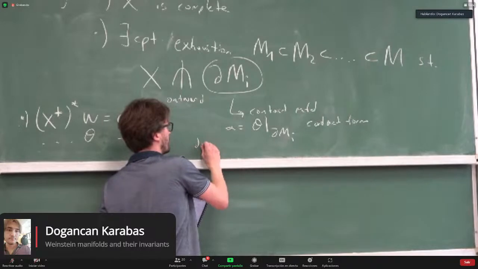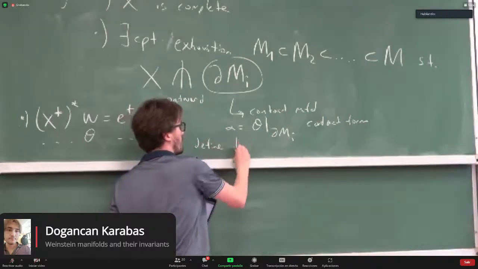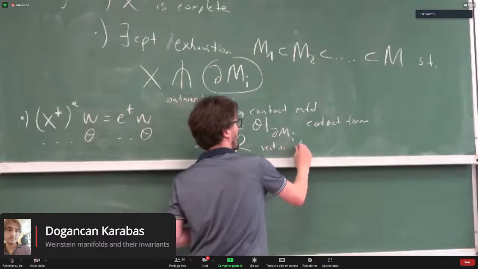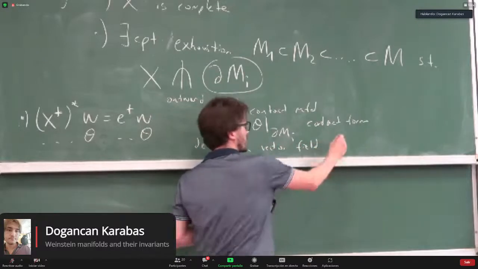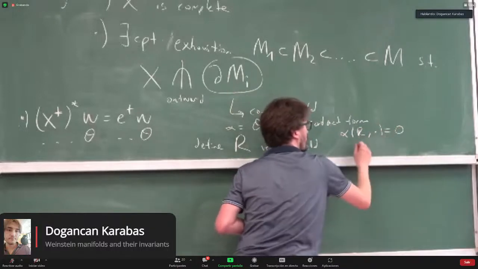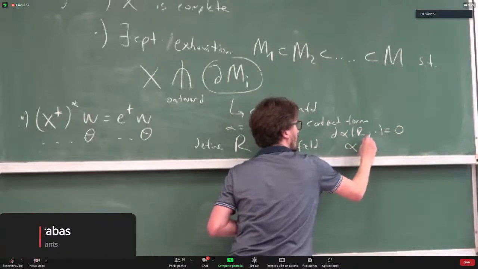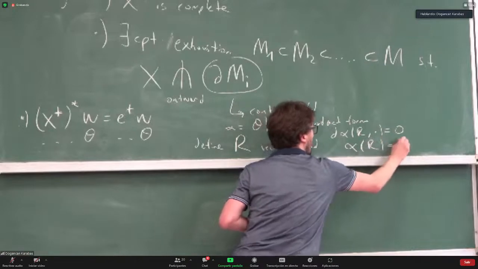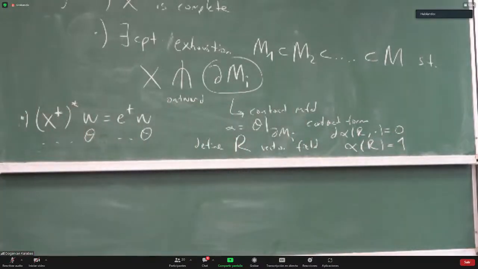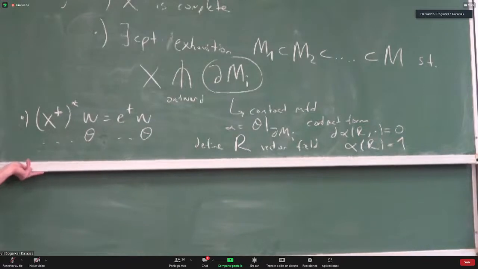So define the unique vector field R such that this is 0 and this is 1. Okay. For now, I'm just defining some structures on it. Later I will use them.